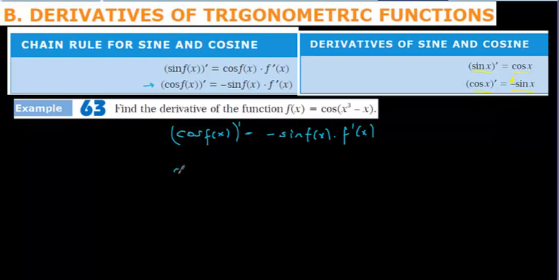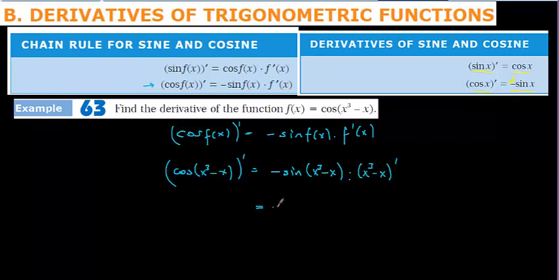So cosine of (x cubed minus x) derivative is equal to minus sine (x cubed minus x) times the derivative of (x cubed minus x).